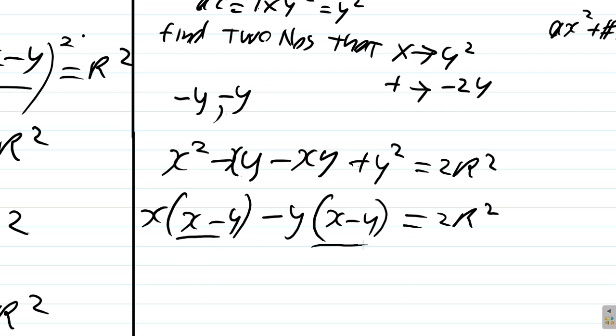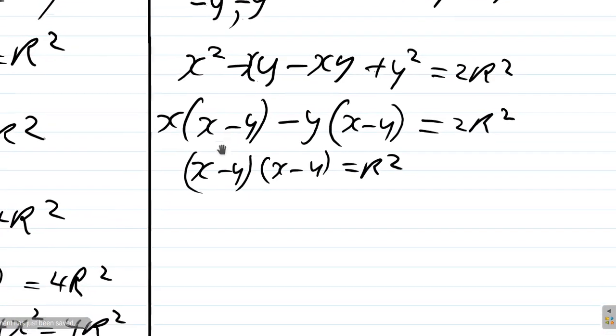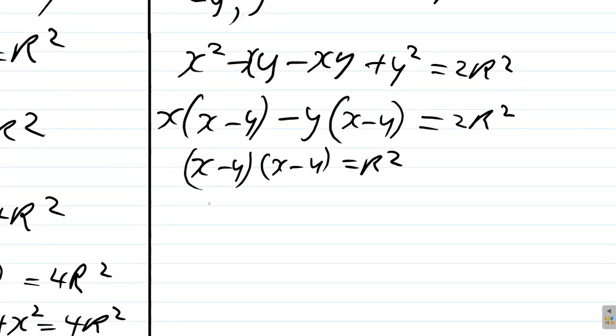Factor out the x minus y now. We have x minus y, we have x minus y equals r squared. See that? Alright, so this means x minus y squared equals r squared.